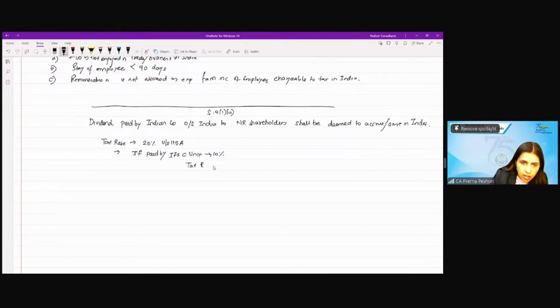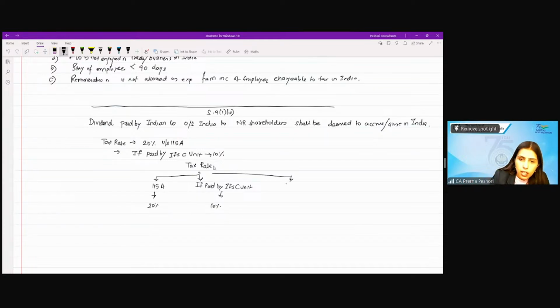Tax rate: 115A, 20%. If paid by IFSC unit, 10%.